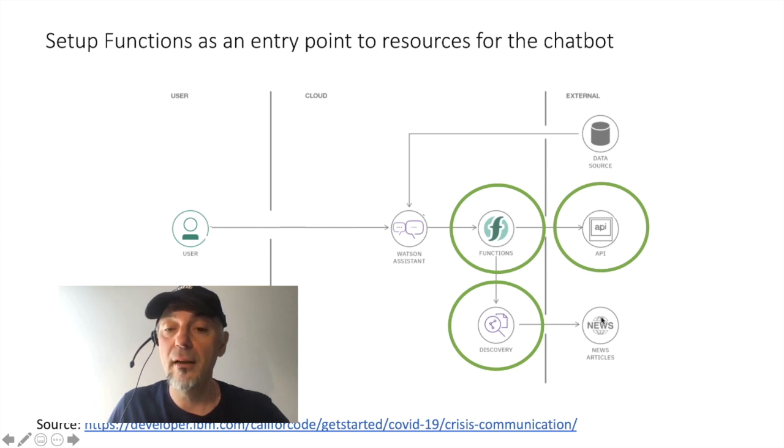Now it's time to use Functions on IBM Cloud, the serverless functionality. Functions will be our single point of entry to these different data sources. From here we will organize the access to the APIs and the service. For that we will upload code.